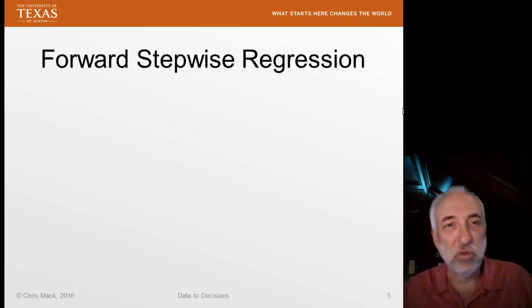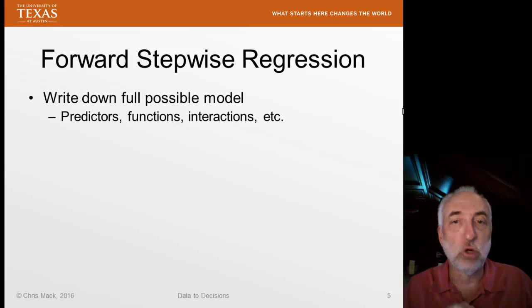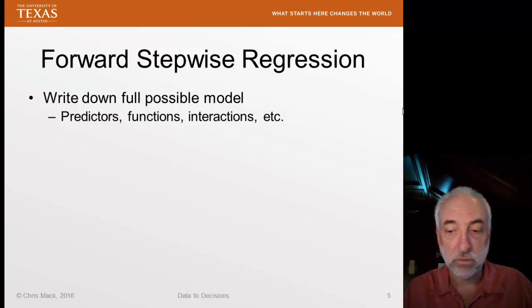Let's go through in a little bit more detail the forward stepwise regression approach, because if you have too many parameters for a full exhaustive search, you might want to use this approach. So how does it work? Well, we start by writing down the full possible model, so you know the maximum number of parameters that you could possibly have.